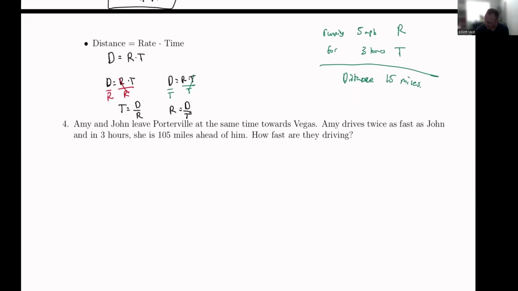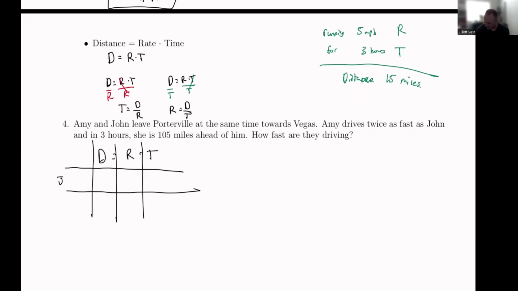Okay. So usually when we do distance equals rate times time problems, I like to write it out, rate times time, and I like to create a table for this. We have John, and we have Amy. What's the distance they have gone?